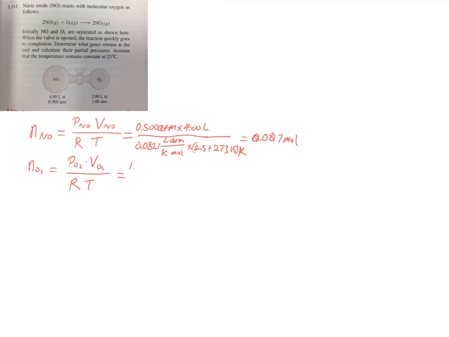And we have 1.00 atmosphere for oxygen, 2.00 liter over R, 0.0821 liter atm over Kelvin mole times 298.15 Kelvin. We get exactly the same number, 0.0817 mole. Now we have the mole number for both reactants. We need to determine which one is the limiting reagent.